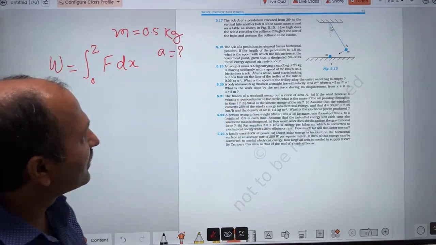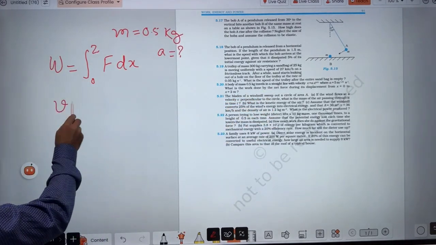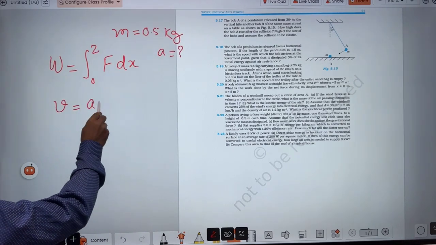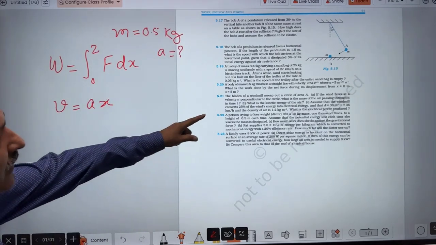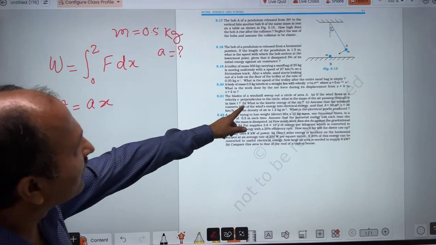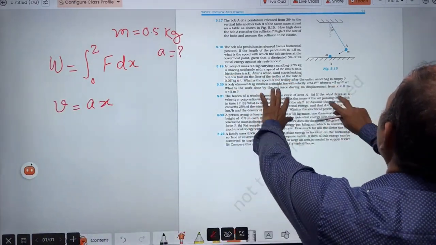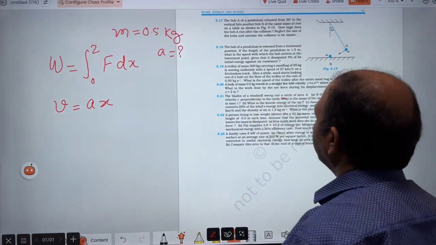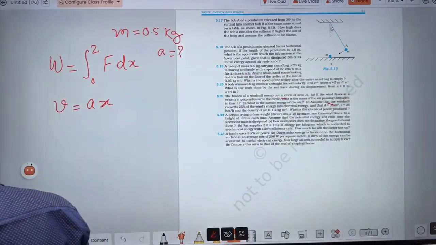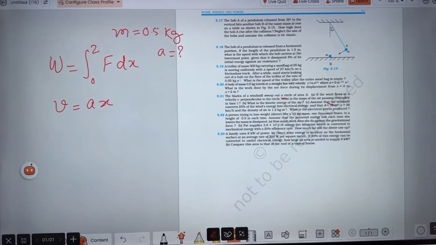And another information is given, v equal to a x power 3 by 2.